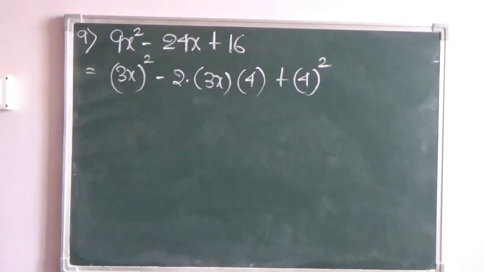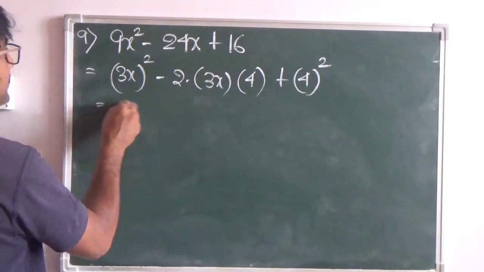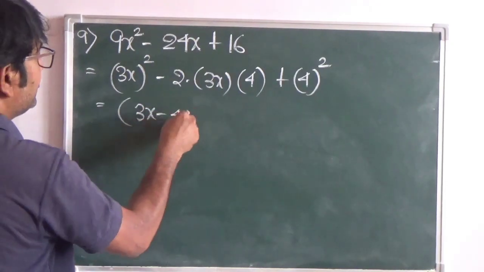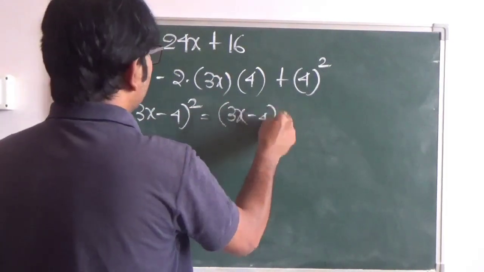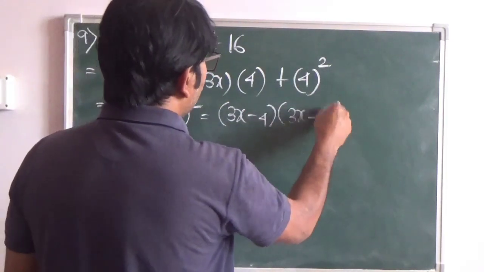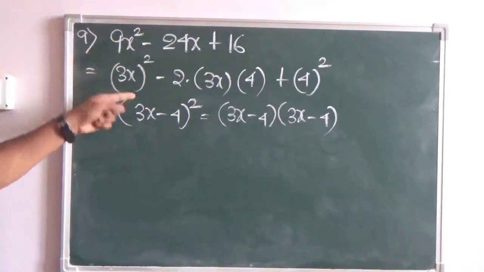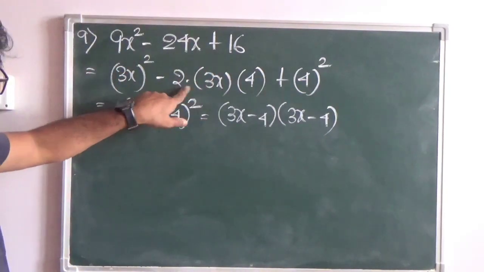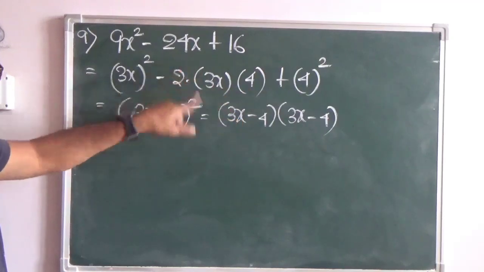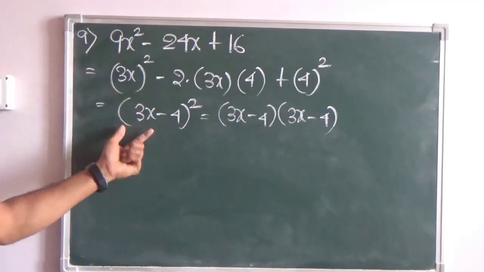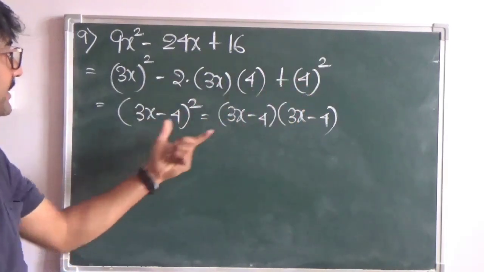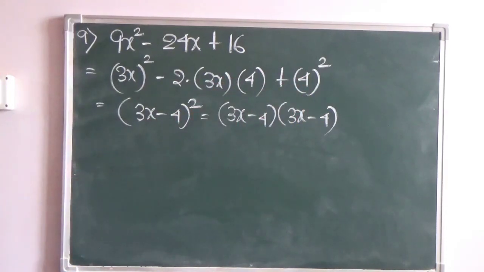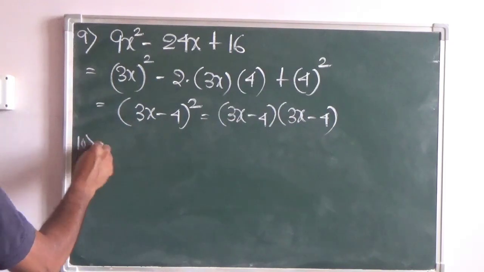Again (a minus b) whole square form is coming. So you can write it as (3x minus 4) whole square, and that is (3x minus 4) into (3x minus 4). See, 9x square, minus 2 into 3, 6 into 4, 24x, and this is 16. So it is a square minus 2ab plus b square. So it is (a minus b) whole square that is coming. Number 10.